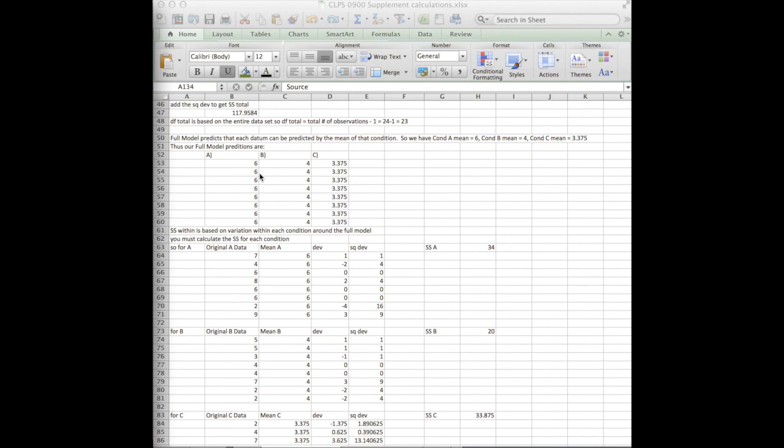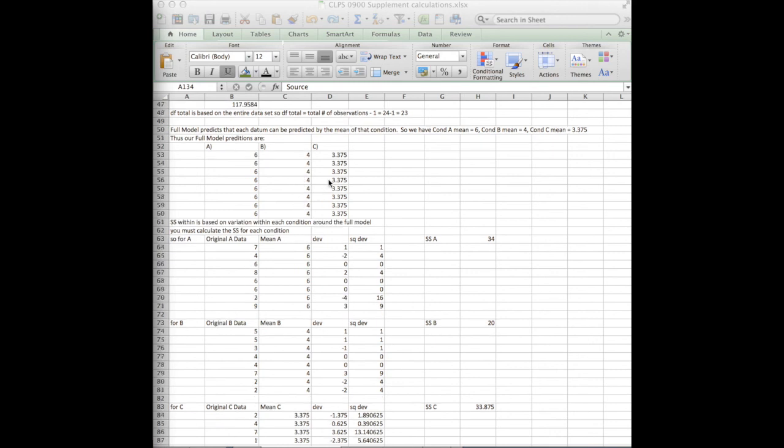Therefore, each of the observations that belong to condition A should be predicted by the mean of A. So 6 was the mean of A, and then 6, 6, 6, 6, etc. Same thing for B, mean of 4. All of the observations belonging to condition B should be 4, and likewise with condition C.